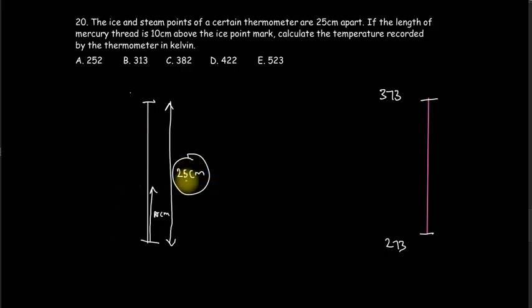Now in this case it is giving us the distance, 25 cm. Upper minus lower is 25 cm because they're 25 cm apart. Let's say, for example, the top was 75 and the bottom is 50. If they are 25 cm apart, 75 minus 50, that's upper minus lower is 25 cm, right?